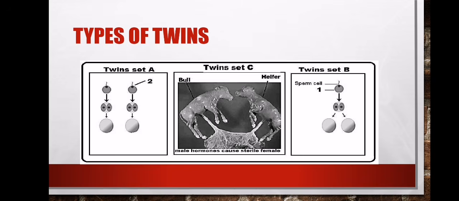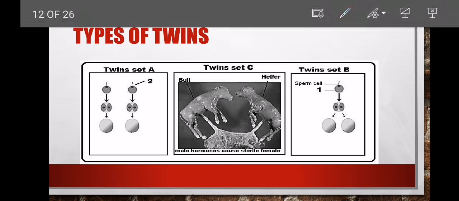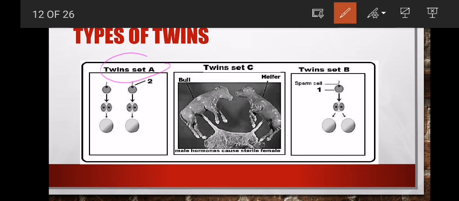Let's look at this one, which will be the second last slide. Types of twins. When we look at the types of twins, we have twin set A, which is this one, B, which is this one, then C. Take note, it's A, B, then C in the middle. Okay, fine. I understand this one.